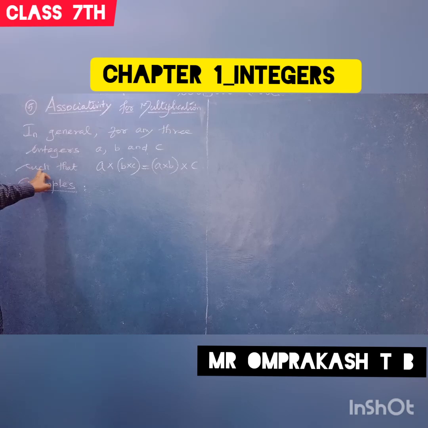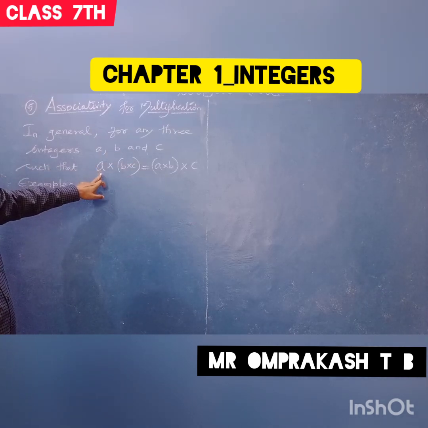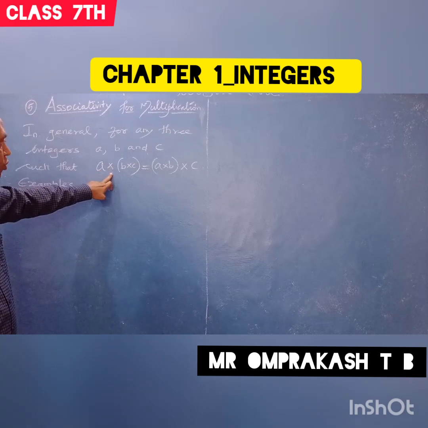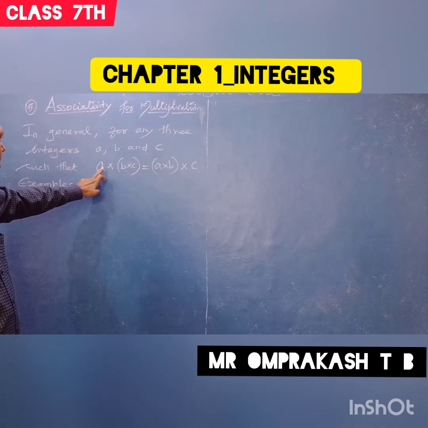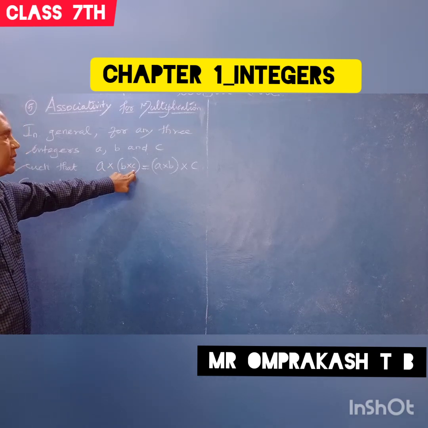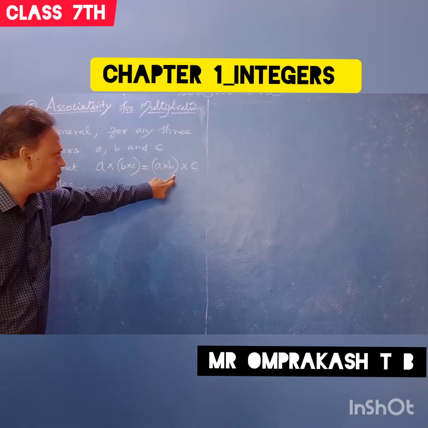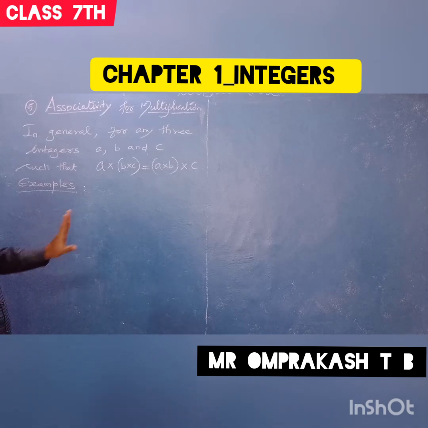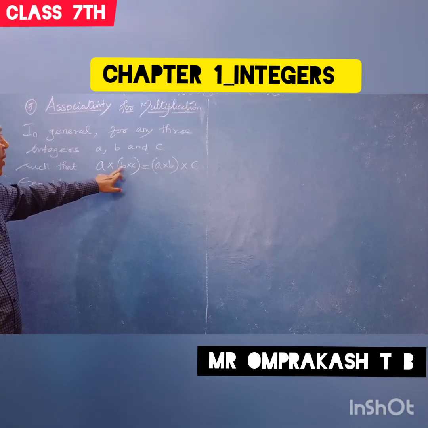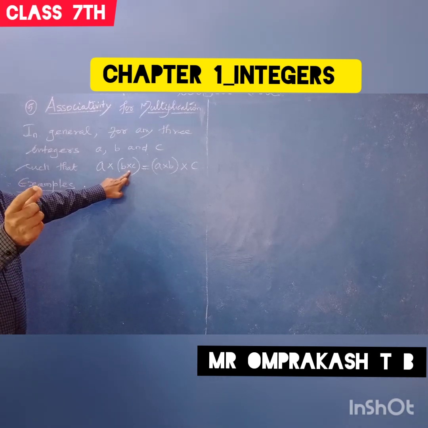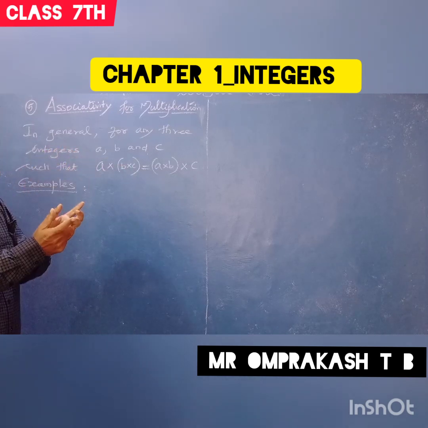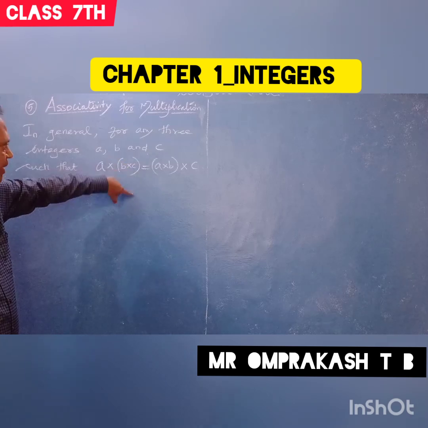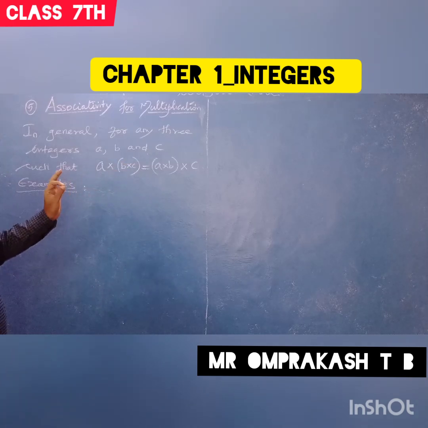Then you have to write the form. The associative property statement is: a into (b into c) is equal to (a into b) into c. So we have to read it correctly. Say a into b into c fast, so b into c is in the bracket; you need not say bracket.